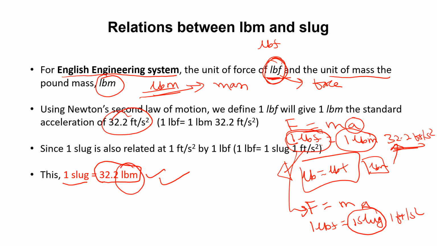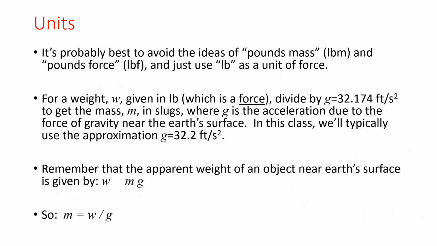But we need to convert this pound mass to slug and then carry out the calculation. So this relation is going to be very important in converting the pound mass to slug and carrying out the calculation based on US customary unit. So this is a very important relation.